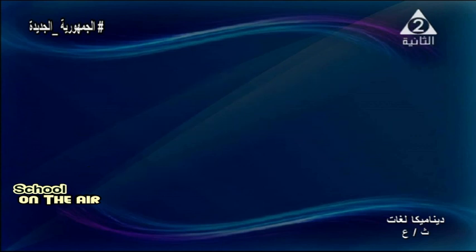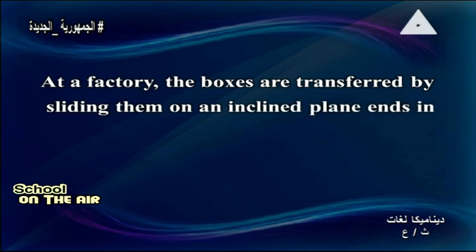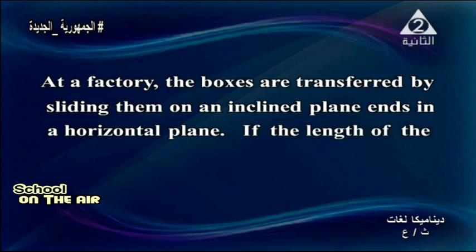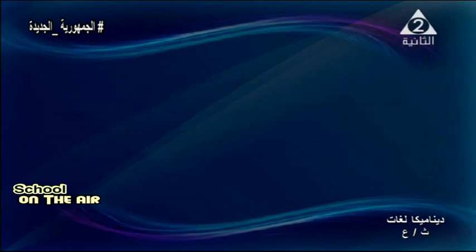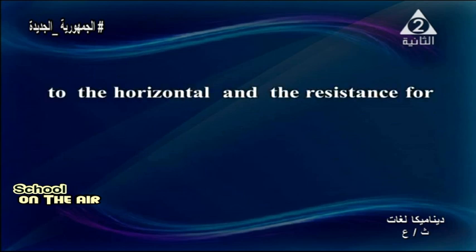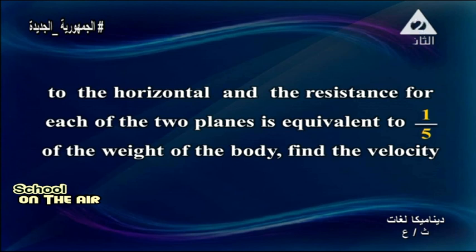Another example. At a factory, the boxes are transferred by sliding them on an inclined plane, ends in a horizontal plane. If the length of the inclined plane is 40 meter, inclined at 30 degrees to the horizontal, and the resistance for each of the two planes is equivalent to 1 over 5 of the weight of the body.